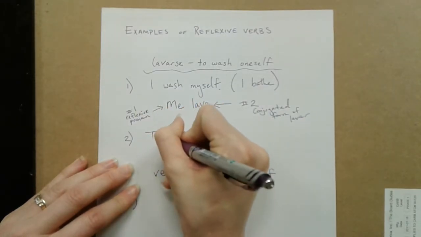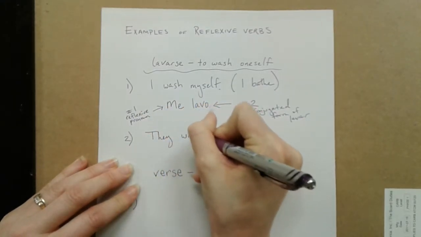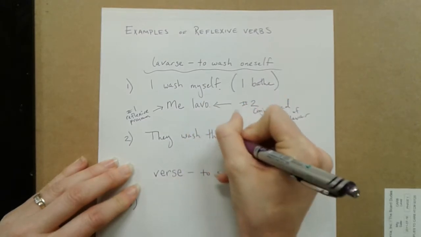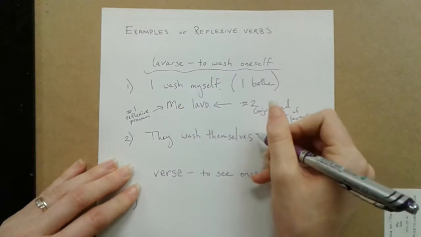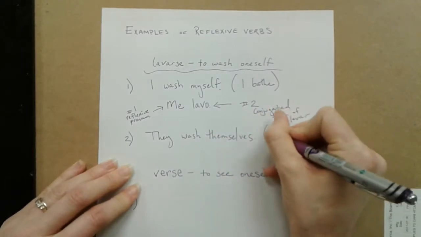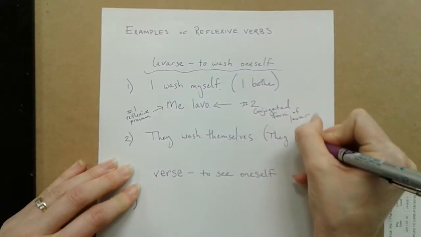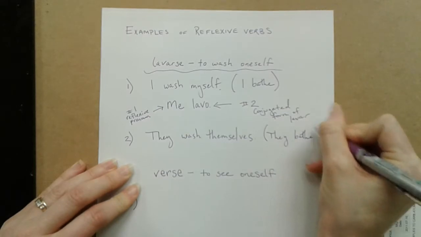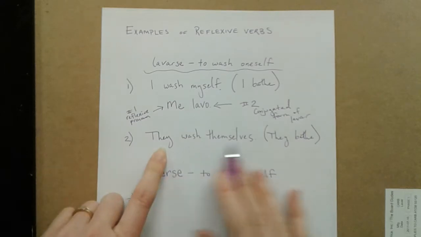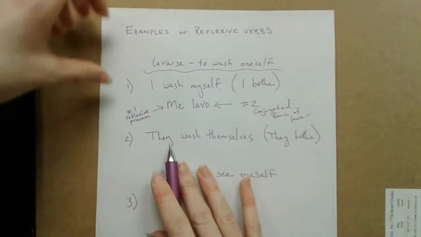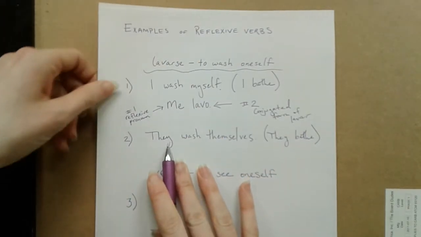So we use they. They wash themselves. Again, we wouldn't really say that in English very often, but we might say they bathe or they take a bath. All right, so they wash themselves. First, what is the reflexive pronoun for they?